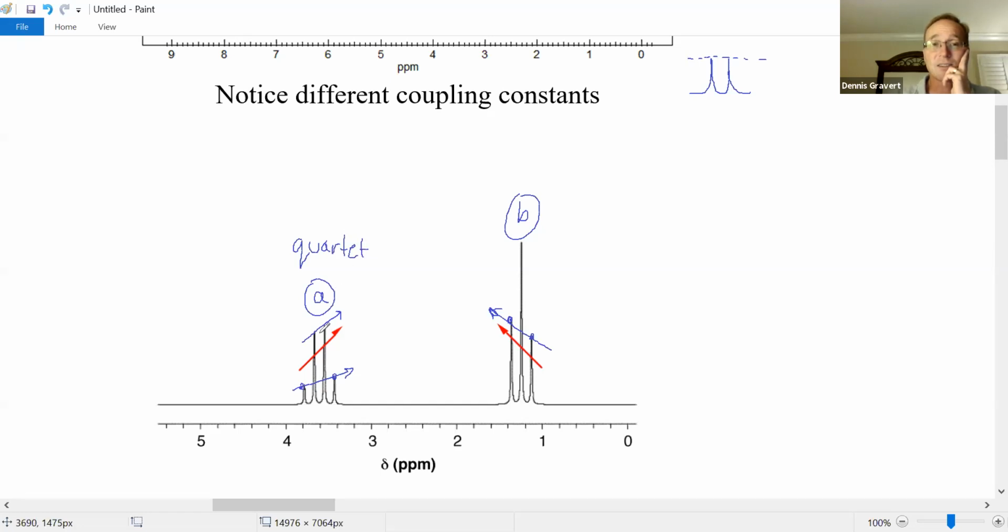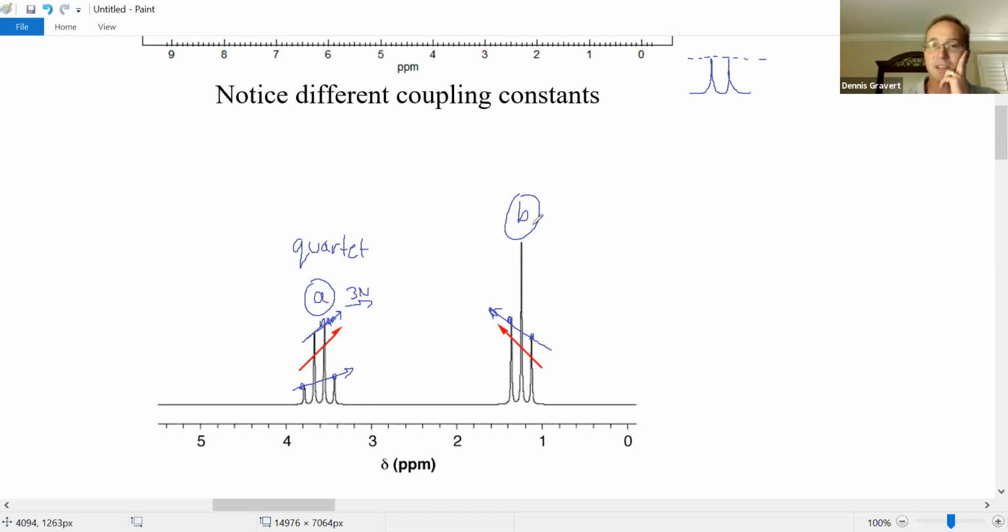Okay, so how many neighbors does peak A have? Well, a quartet is n+1. Number of neighbors must be 3. Or you can say me and my neighbors, 1, 2, 3. Okay, and then this tilting is actually saying, hey, the 3 neighbors are somewhere over there.